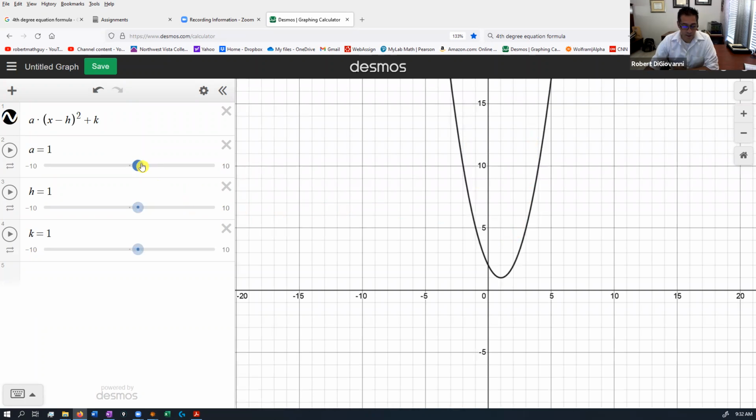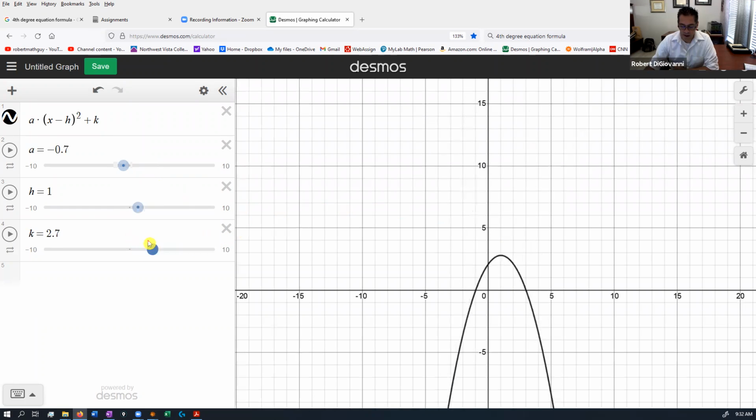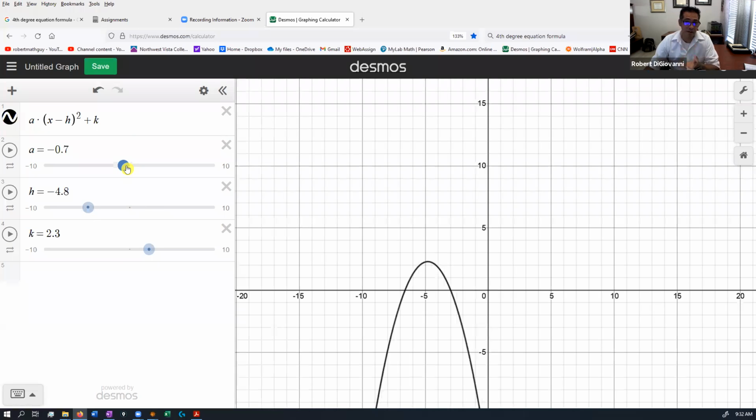They can open up or they can open down. You can move them up, down, left, right. All of these are parabolas. And so we want to have the ability that if somebody gives us the equation of a parabola, we can graph it. That's our goal today: can we graph one of these if someone gives us the actual function?